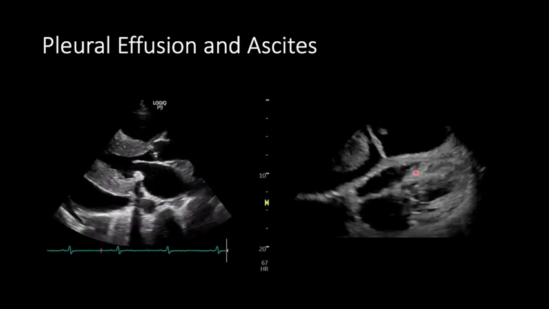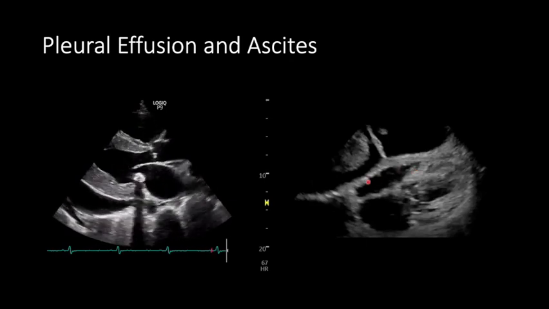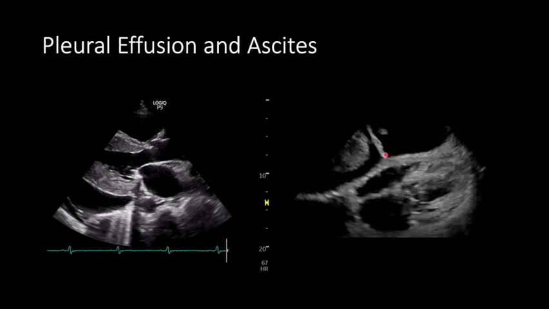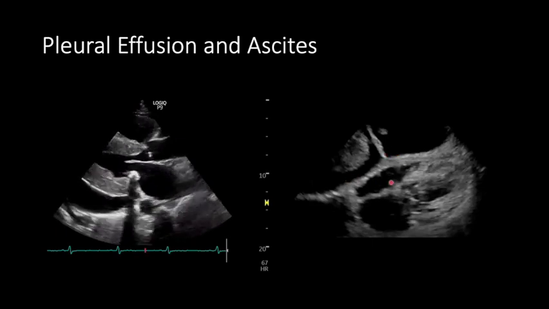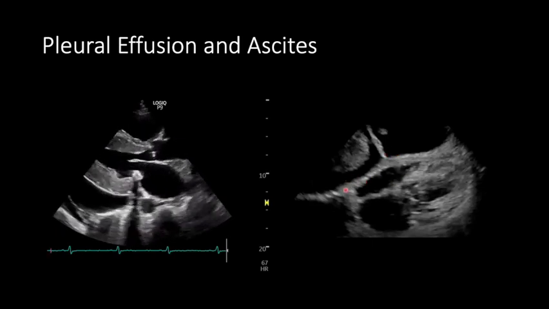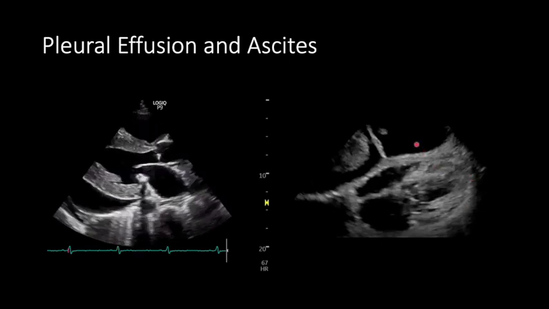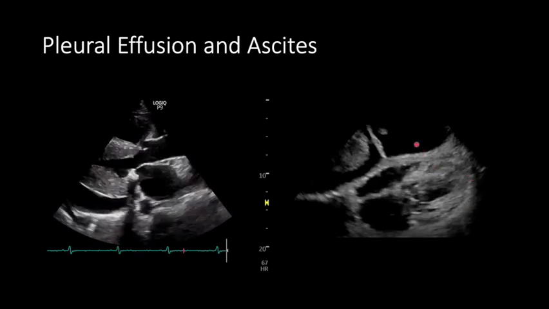So similarly, on this subxiphoid view over here on the right, we can see that there's a lot of fluid in this area, but that the heart itself seems to be maintained within the pericardial sac, and this is actually intra-abdominal free fluid or ascitic fluid.